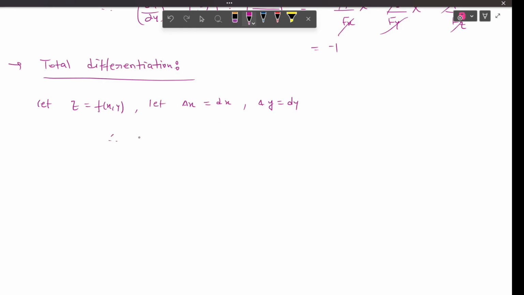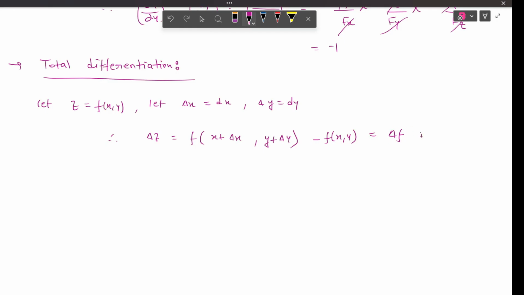So we can say that delta z should be f of x plus delta x, y plus delta y, minus the original function f of x comma y. This should be the increment, and this gives delta f.